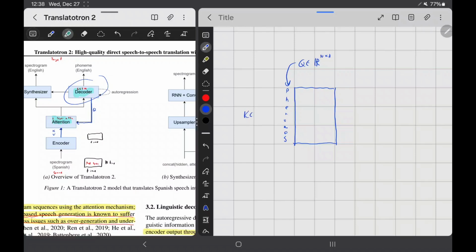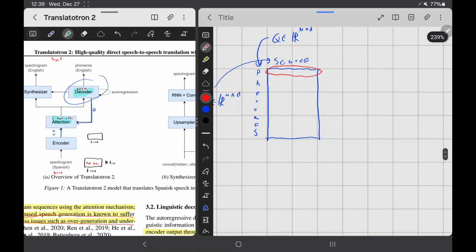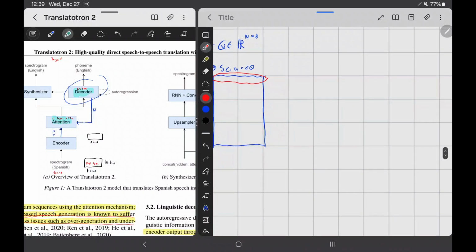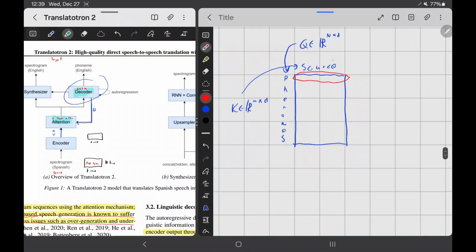And then your keys are m by d, and this will be your source. So what each token models, this is basically like a new phoneme token. The output is basically going to be what parts of the source make up the phoneme.